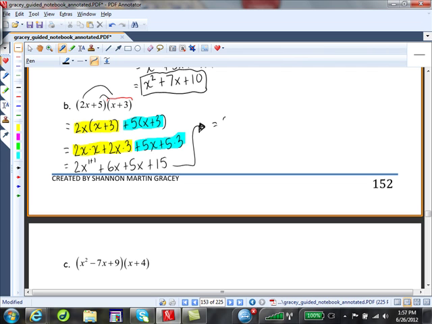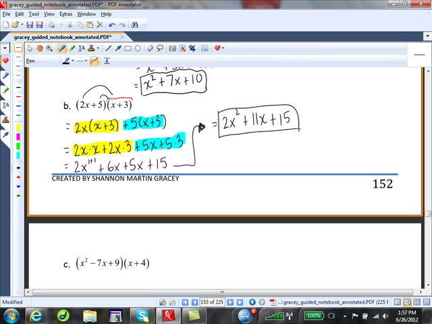We will have 2x squared plus, see the like terms, 6x and 5x combined to be 11x's plus 15. And we're done. Okay.